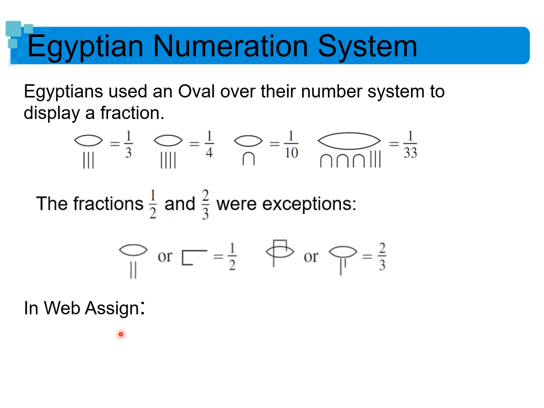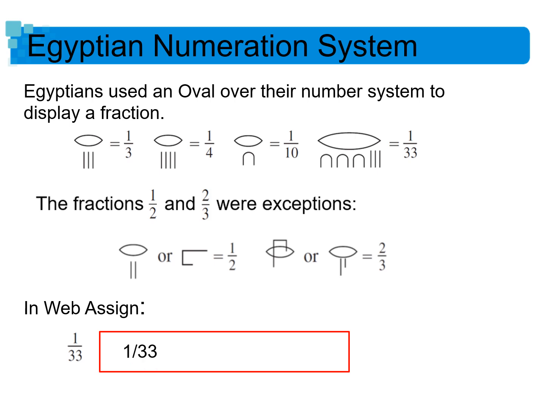Now, when you go to enter in WebAssign, you are going to have one example I saw of a fraction. So let's just say in WebAssign you had a question where you had to enter in the answer 1/33. In WebAssign, in that box, you would type in 1 and then your slash, then 33.